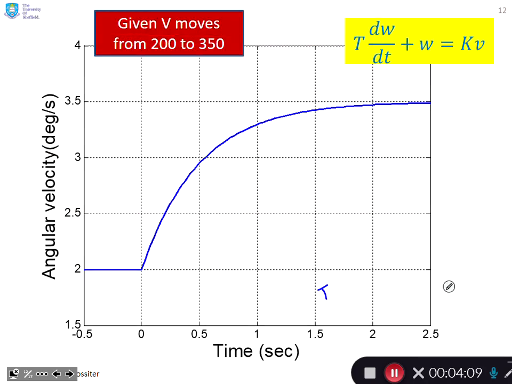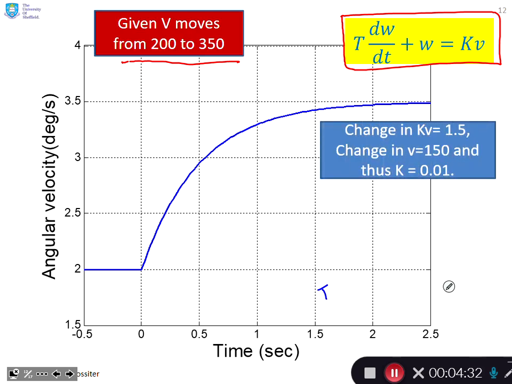So here's the figure. So what did the question give us? The question said that the voltage goes from 200 to 350, and this is the response that I get. I also know, so this is the information I bring, that a typical time constant form is T d omega/dt plus omega equals KV. So what can I do with this?